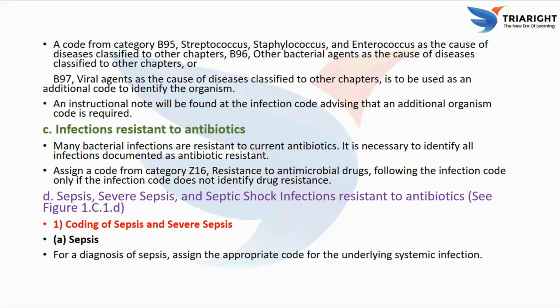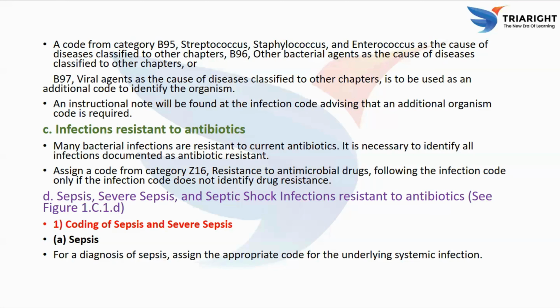The next section is sepsis, severe sepsis and septic shock. This is a highly important topic in ICD-10-CM. So how do you code sepsis and severe sepsis? For sepsis, you have to code the underlying systemic infection first. This is a general and important rule. If there is sepsis due to E. coli, you assign the code A41.51.